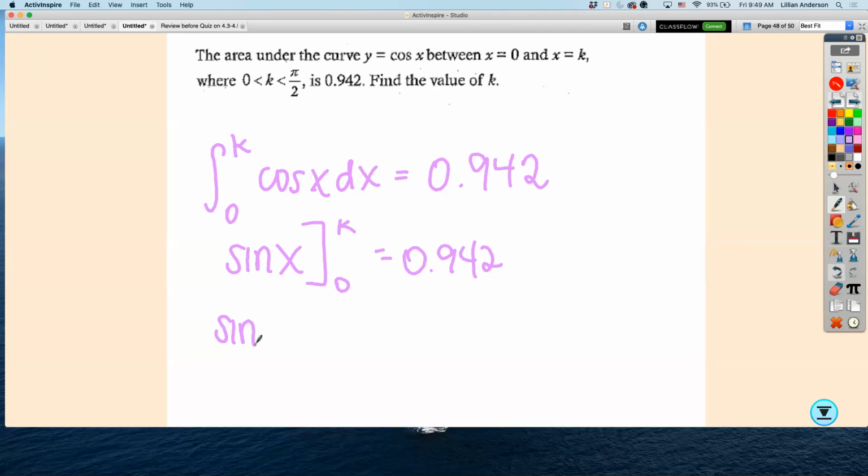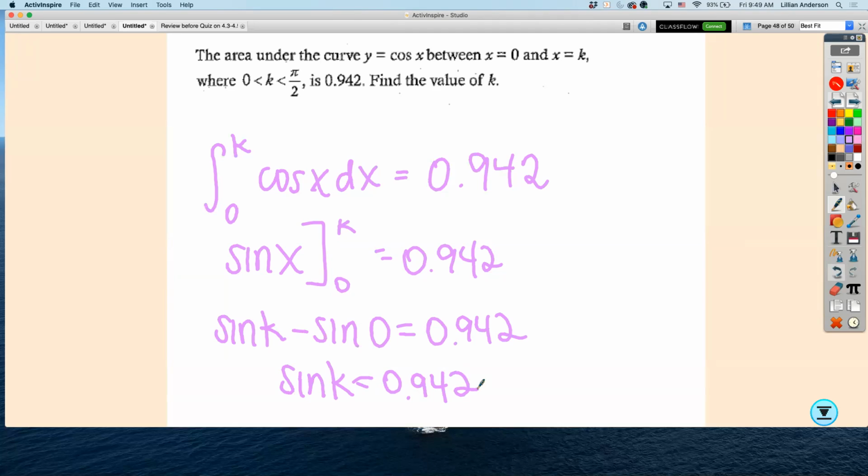So this becomes sine k minus sine of 0, which equals 0.942. What's the sine of 0? So it's really just sine k is equal to 0.942. How do I find an angle?